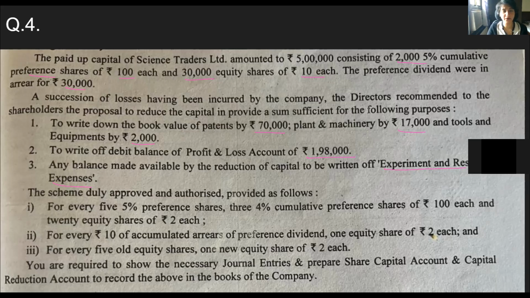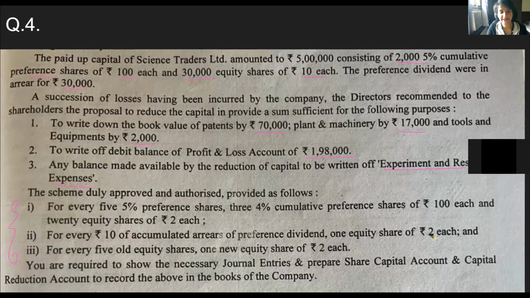Okay. Now there are three things given here. The scheme, duly approved and authorized, provided as follows: for every 5 preference shares, 3 4% cumulative preference shares of rupees 100 each and 20 equity shares of rupees 2 each were issued. So what is the scheme? What are they planning to do?